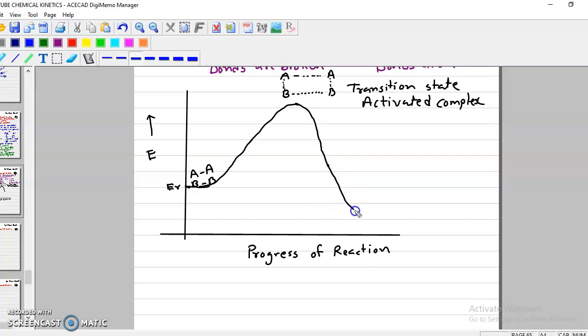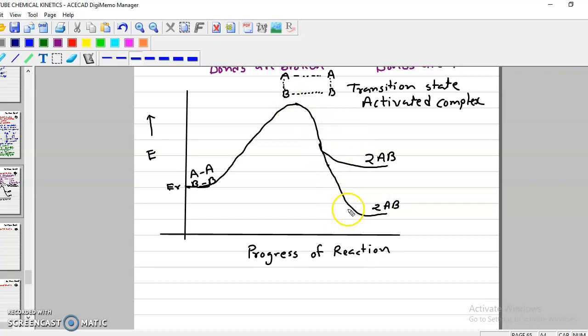It can go up to here or here, anywhere, it doesn't matter, but energy decreases because of the formation of a bond between A and B. So either 2AB appear here or here, but in these conditions energy decreases.